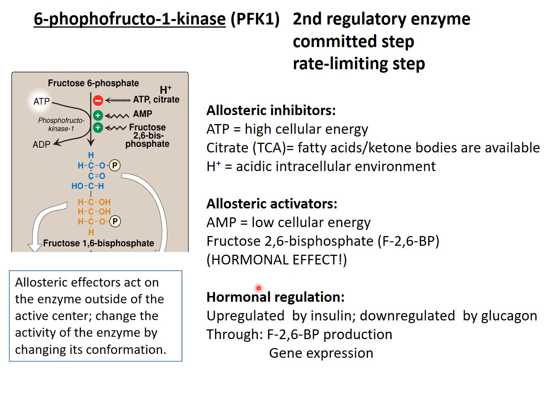Hormonal regulation of this particular enzyme will actually go through producing fructose 2,6-bisphosphate, and this is the insulin signal, or not producing fructose 2,6-bisphosphate, which is the glucagon or epinephrine signal. Let's see the details.